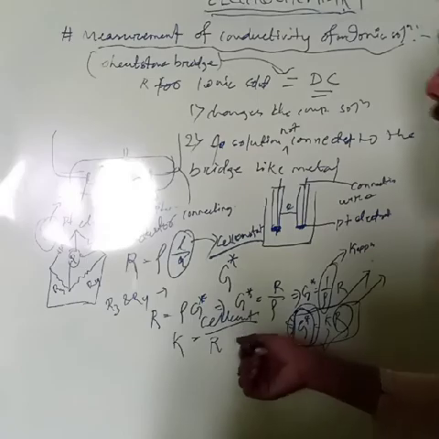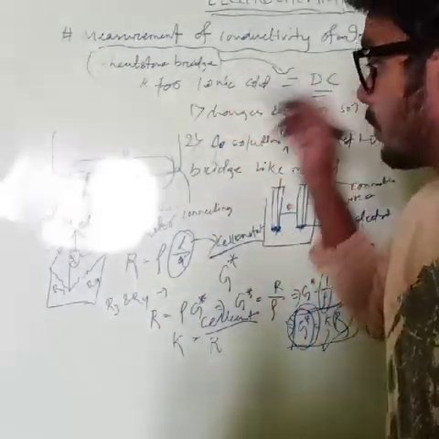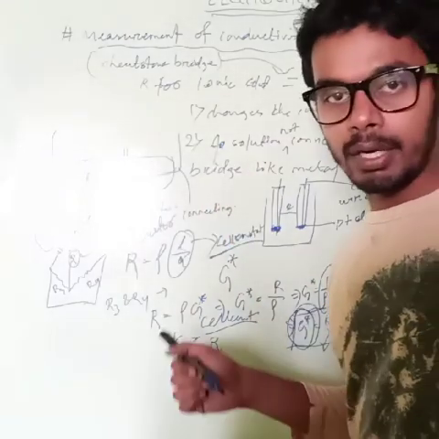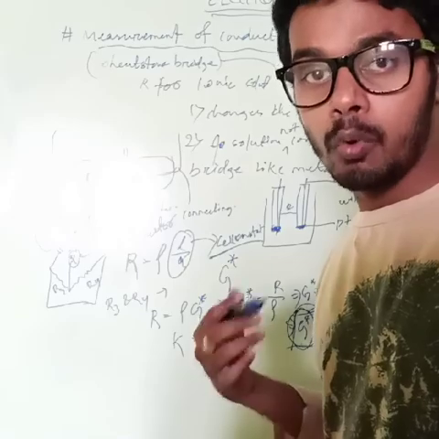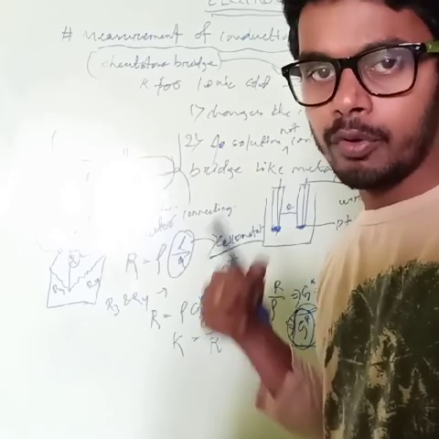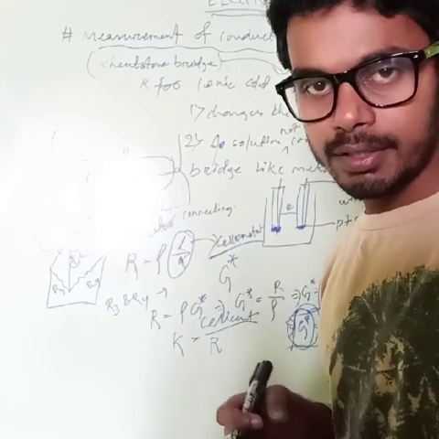This is how we need to solve problems regarding resistance or metallic conductance. Next we will go to molar conductance, the new term for calculating the conductance of an ionic electrolyte.